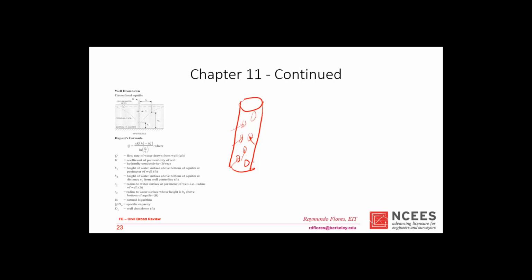So this is the solid perforated, slotted steel pipe, allowing water to flow inside, perpendicular to it. That's why we're working out the equation that way. It's not like it's coming from the bottom or whatever. This is the way it is.